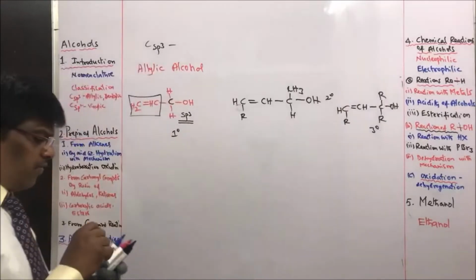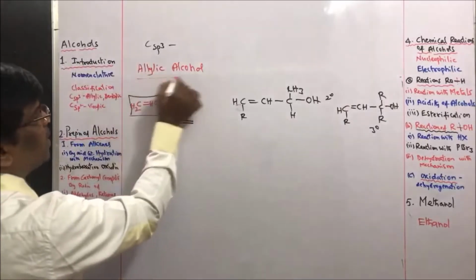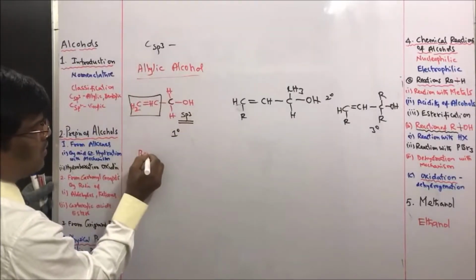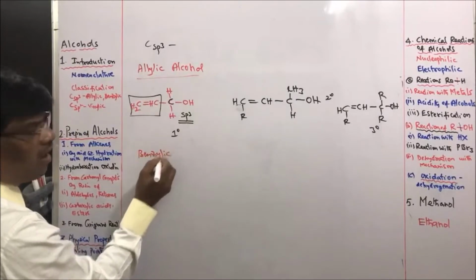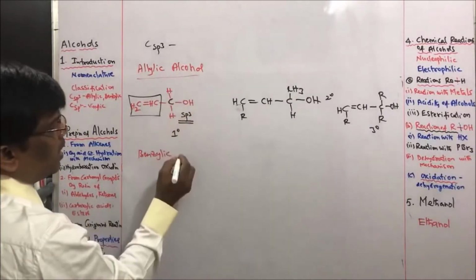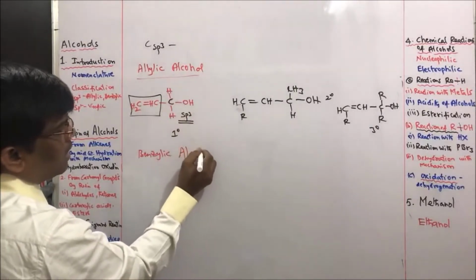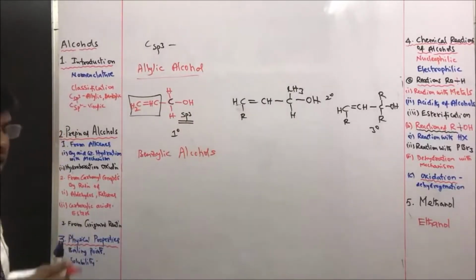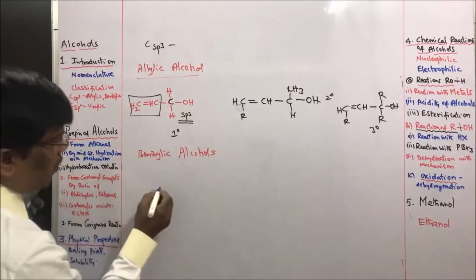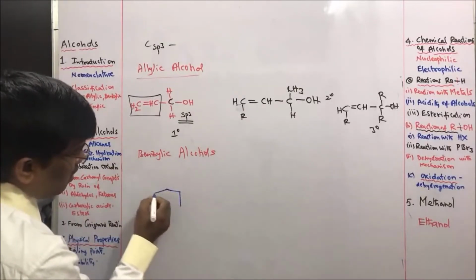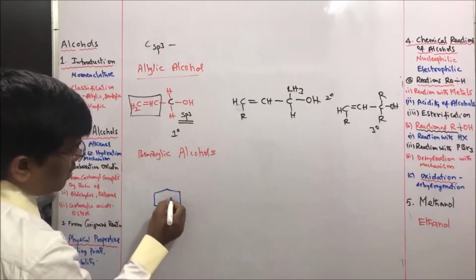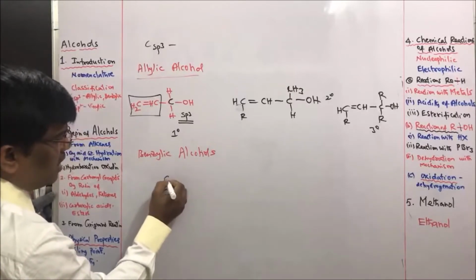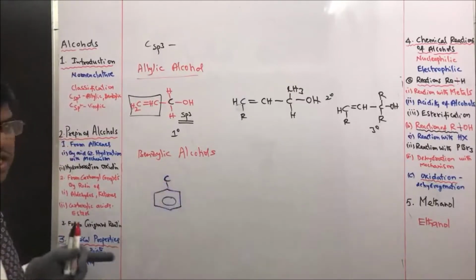And a very specific example under this is benzylic alcohols. Dear students, please don't confuse. Benzylic alcohols are sp3 hybridized alcohols, but these alcohols are at the benzylic position. What is the benzylic position? If you know the benzene structure, we learned it in the previous class. So this is benzene. This carbon is the benzylic carbon.